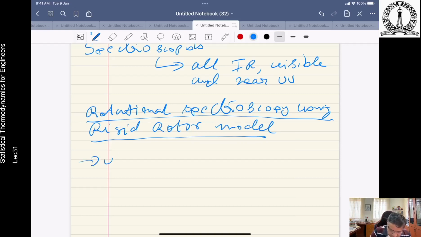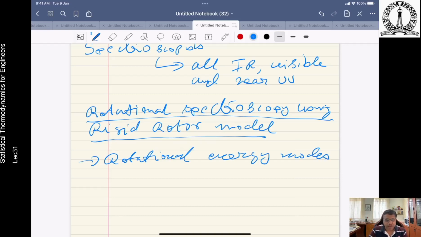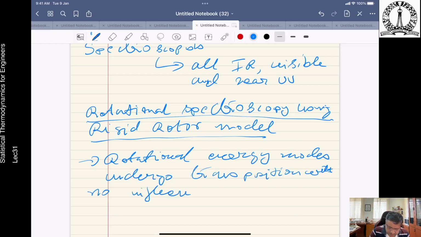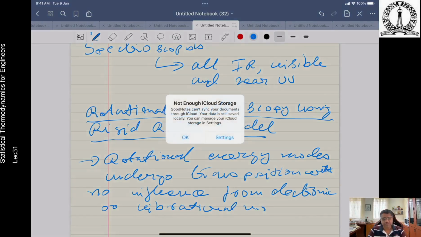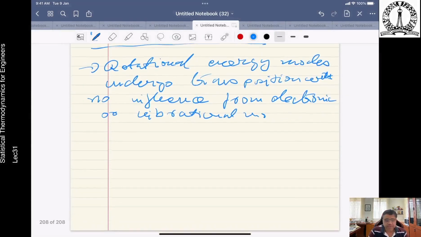So the fundamental assumption is the rotational energy modes undergo transposition with no influence from electronic or vibrational modes. Okay, sounds fair and square, I guess.